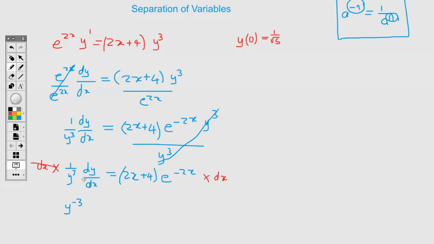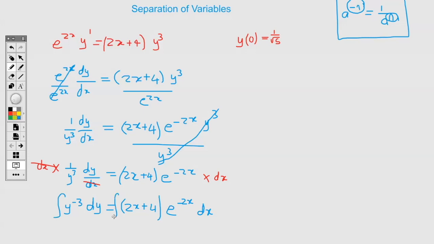In other words, what I have here is just y to the negative 3 dy is equal to 2x plus 4 times e to the minus 2x dx. Now, as you can see, we can go ahead and integrate, because we have variables being separated.